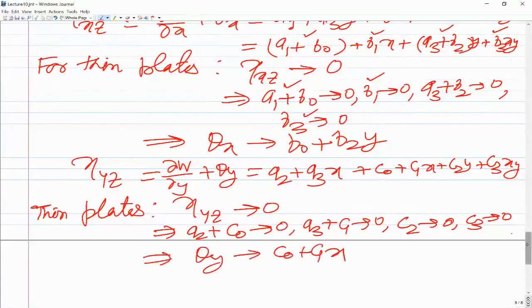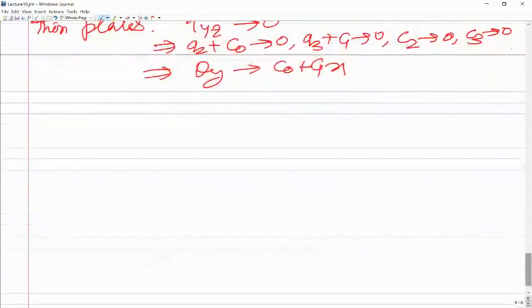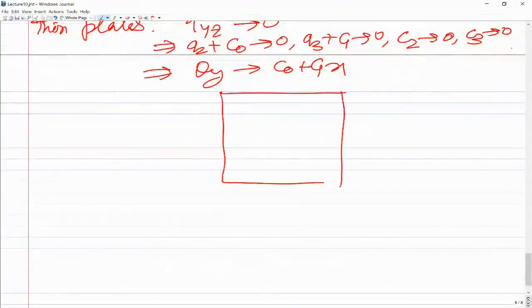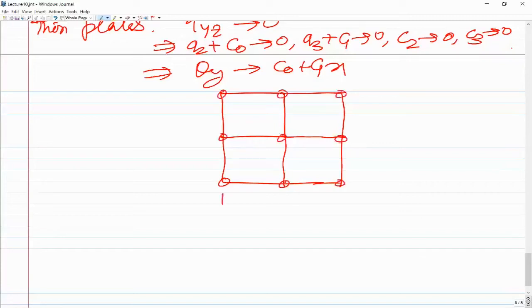Now if we use this element to solve a problem, let us say we have discretized a rectangular plate into 4 elements, 4 noded elements. So let us say these are the global nodes, numbered 1 2 3 4 5 6 7 8 and 9.